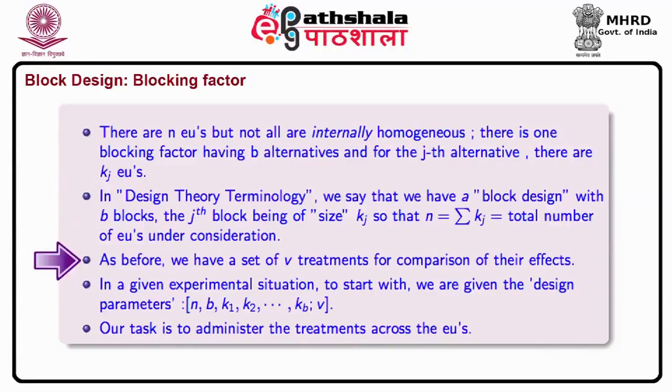Now, as before, we have a set of V treatments for comparison of their effects. In a given experimental situation, to start with, we are given the design parameters which are n, B, k1, k2, ..., kB and V. Now, our task is to administer the treatments across the experimental units.